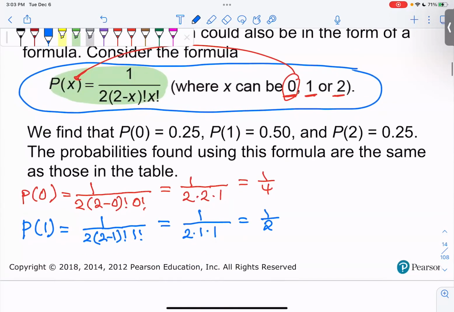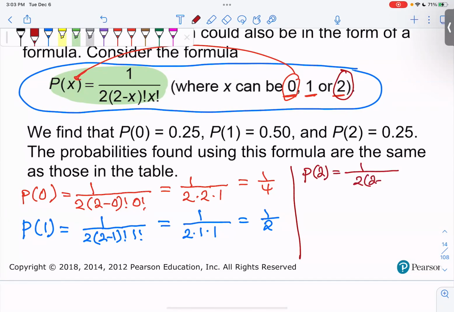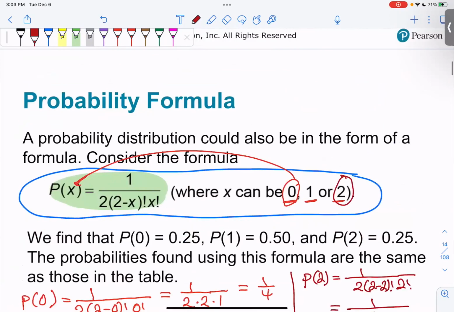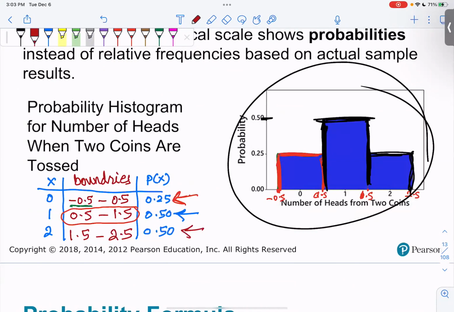And the third one, we plug in 2, it will be 1 divided by 2 minus 2 factorial, which is 0 factorial equal to 1, times 2 factorial, which is 2, so it is equal to 1/4, which is exactly the same value we found here, the third one, right?